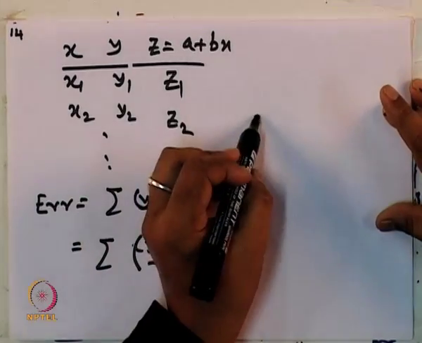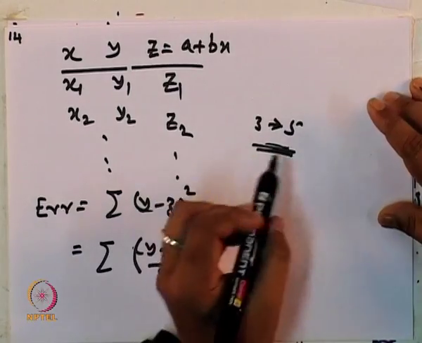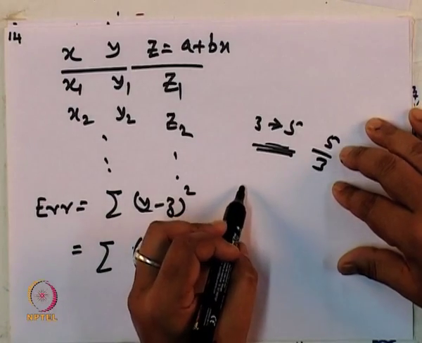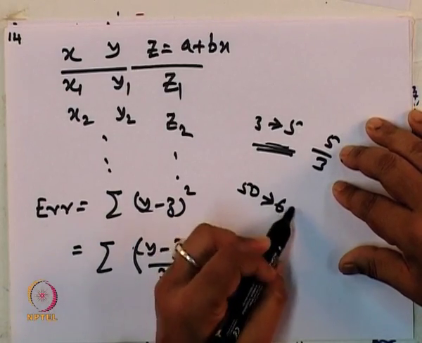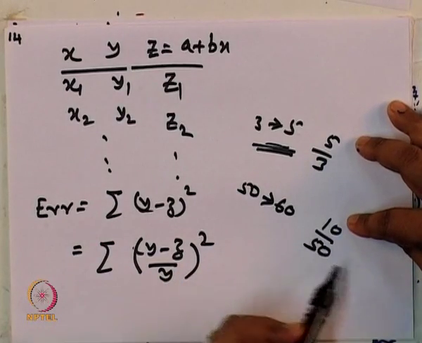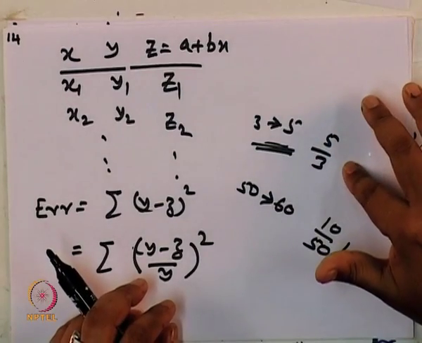So, between 3 going up to 5 you have a huge amount of error, but when you normalize by 3 you get a much lesser amount. Similarly, when you go from 50 to 60, your actual error is 10, but 10 normalized by 50 will give you a value which is comparable to this value.